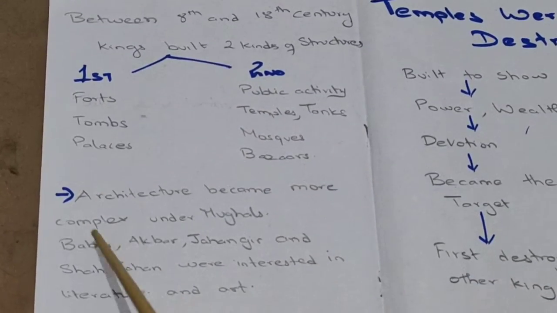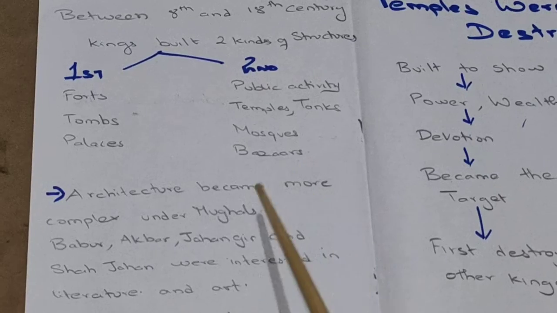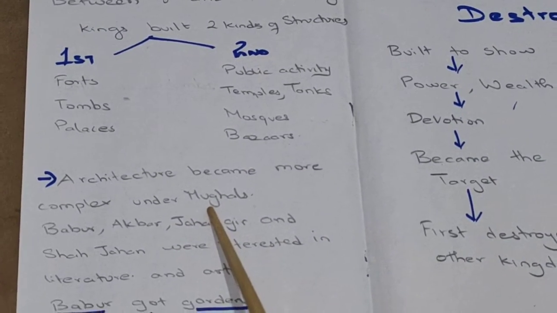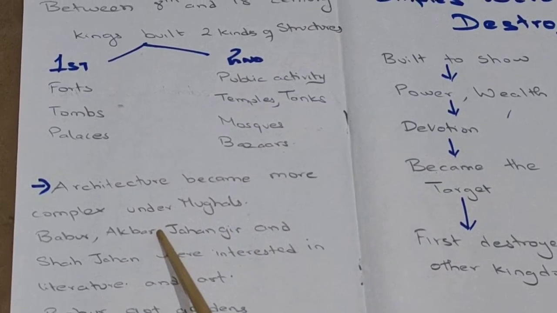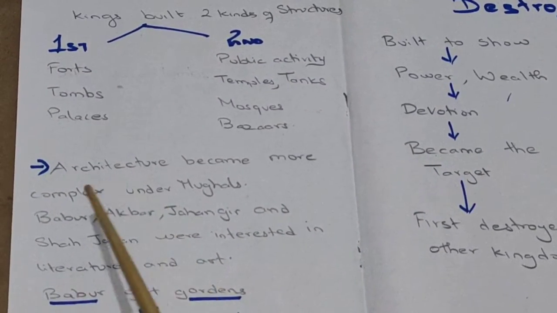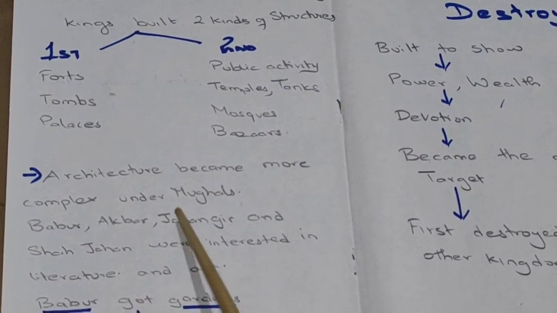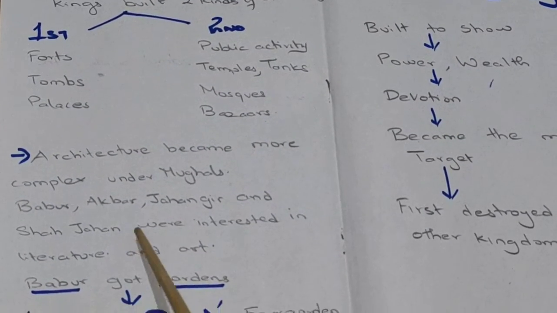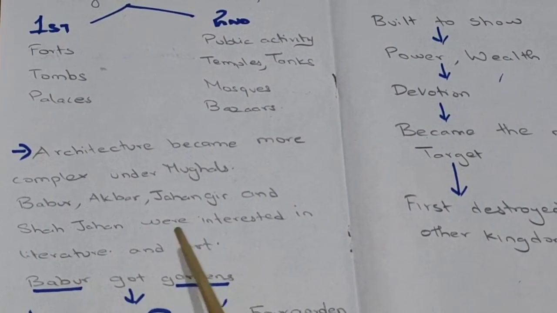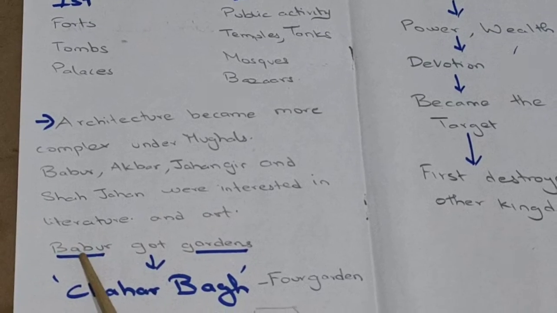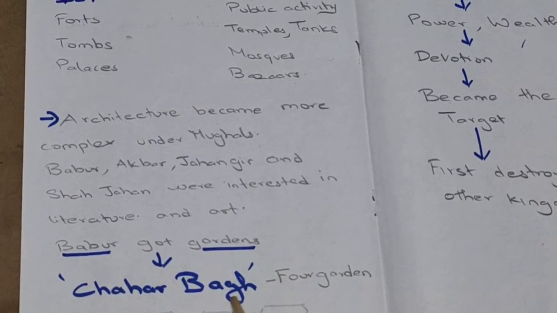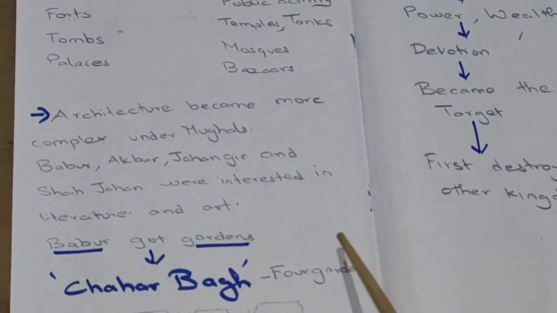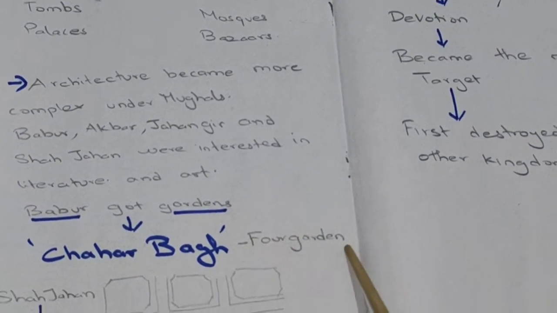The architecture became more complex under the Mughals. During the Mughal period, new patterns of architecture emerged. Babur, Akbar, Jahangir, and Shah Jahan were interested in literature and art. Babur was the first person who constructed the Char Bagh, also called the Four Garden.